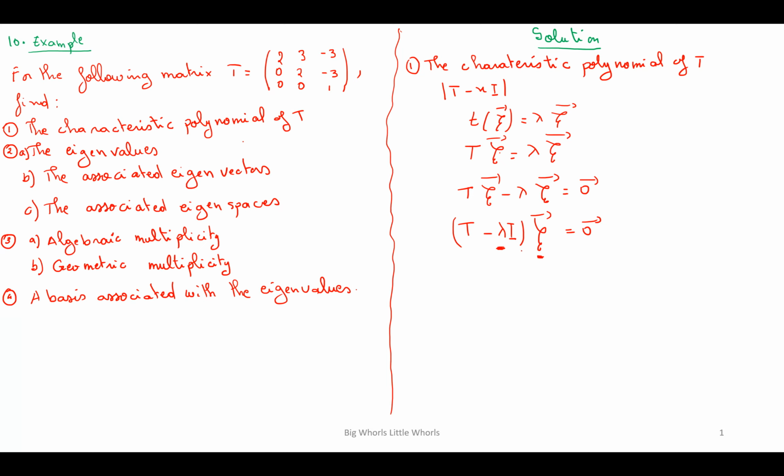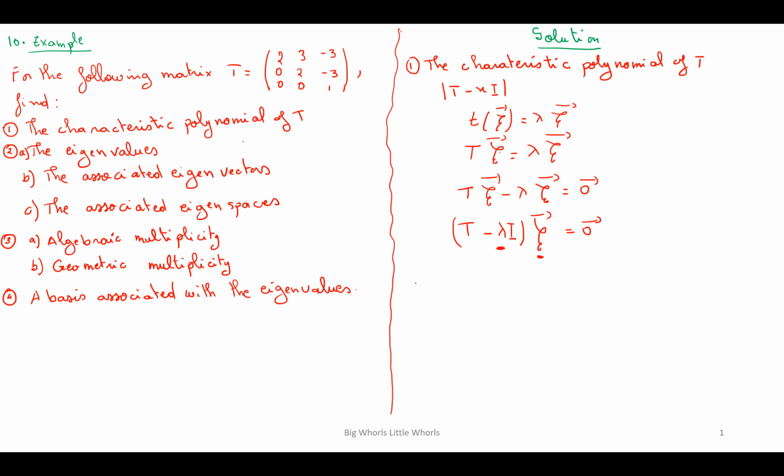So, as you have seen in the previous chapter about the determinant, we use the determinant to see if the matrix is singular or non-singular. So we have such an equation, T minus lambda I multiplied by zeta equals 0. We want to see if it is singular or non-singular.